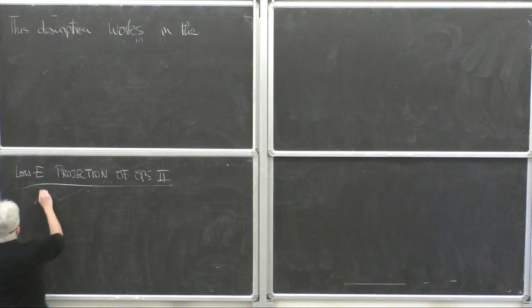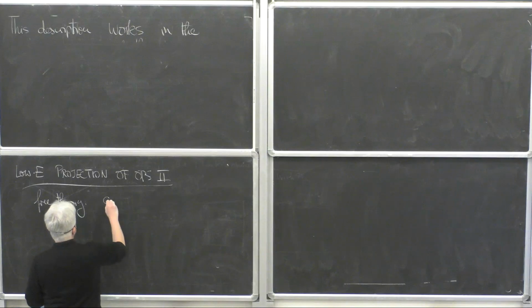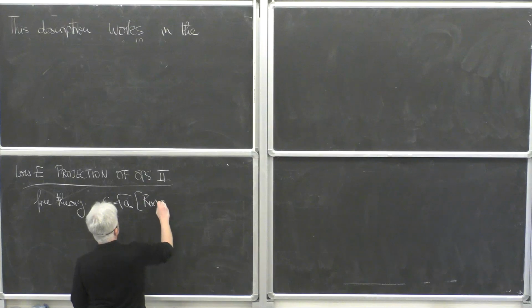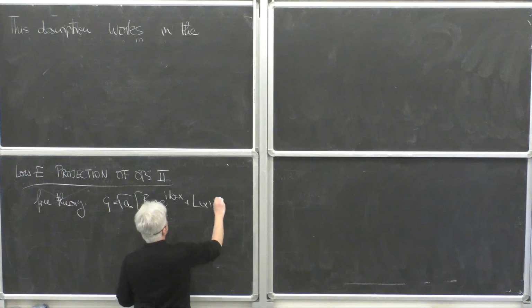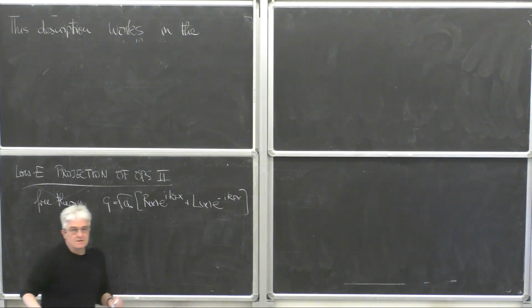So in the free theory, we had something like c_j equals square root of a_0 times R(x) e^{i k_F x} plus L(x) e^{-i k_F x}.